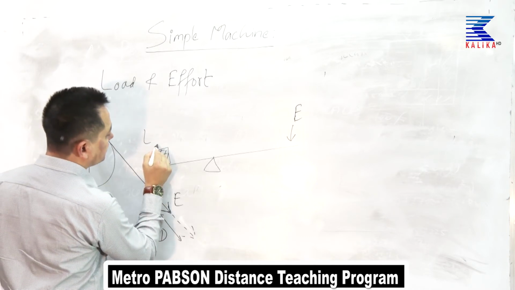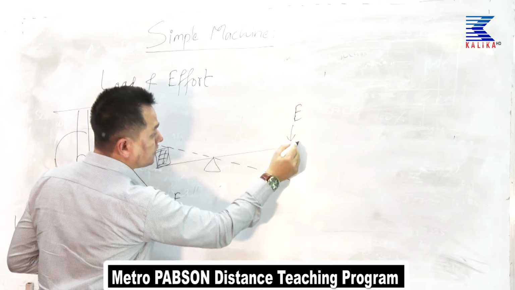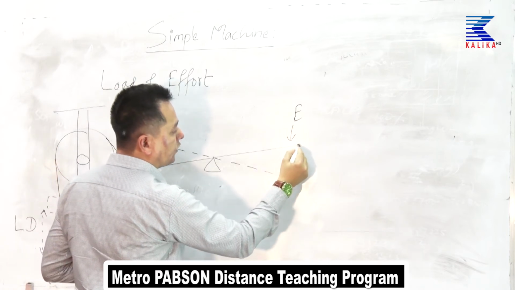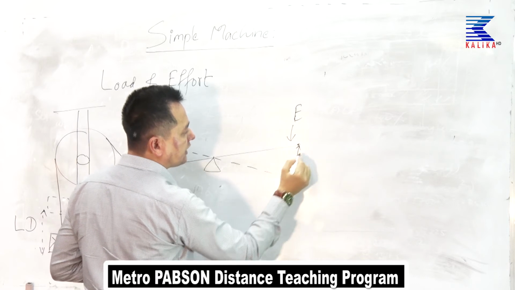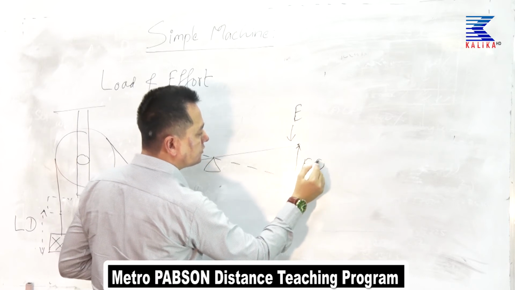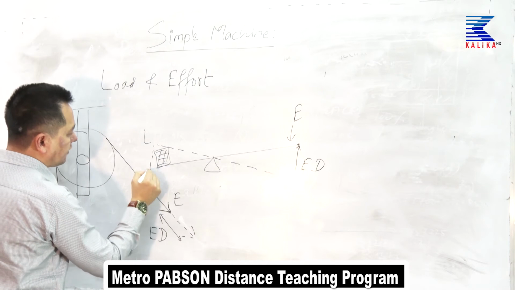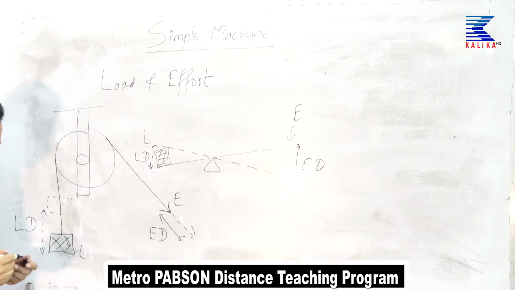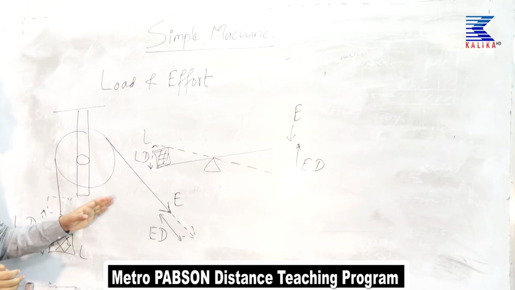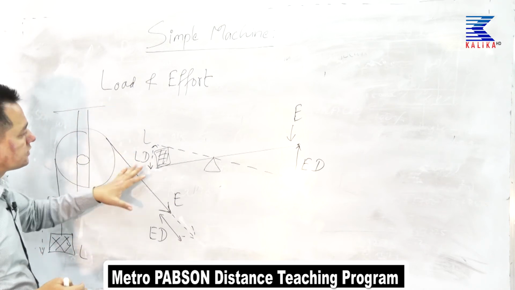The same happens here also. If you apply some effort here, this point travels up to here. This is the distance traveled by effort, so it is effort distance, and this is the distance traveled by load, so it is load distance. I guess you are clear on these two points, load distance and effort distance.